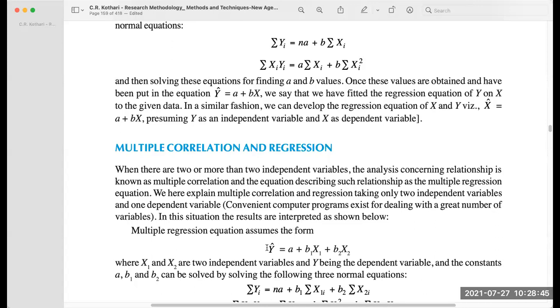And the equation may be like this one. You can see one is a dependent variable and others are independent variables. Let's say you want to study the effect of speed, feed rate, depth of cut, etc., on the surface roughness in a machining operation on a lathe or using CNC, whatever that may be.